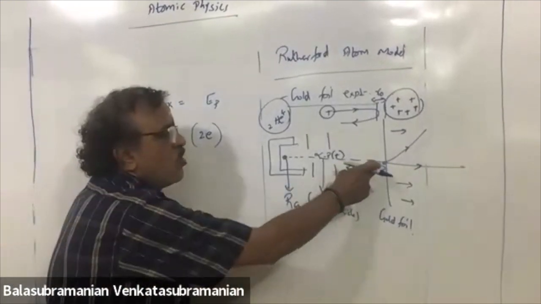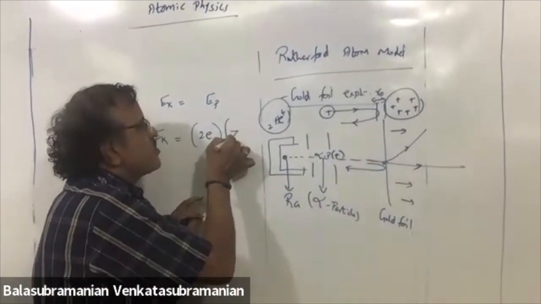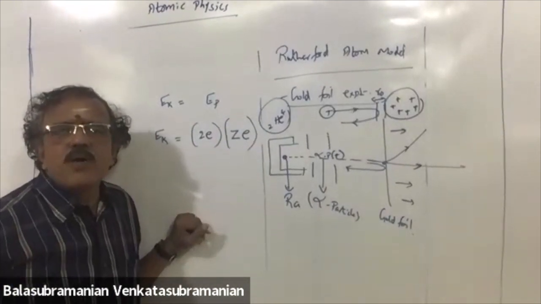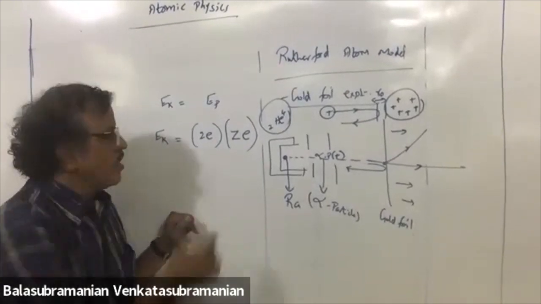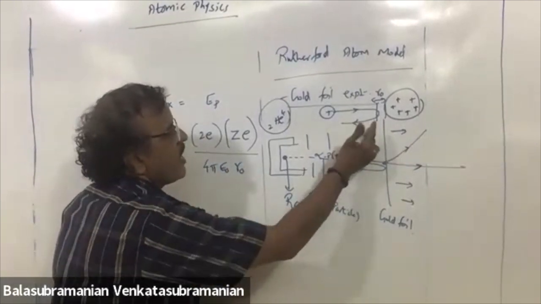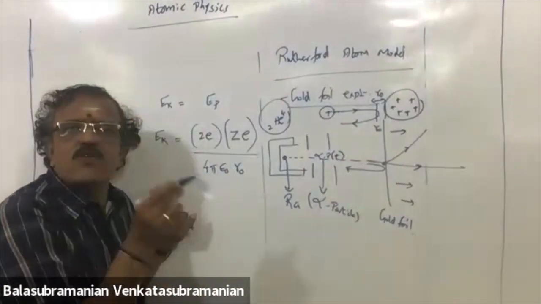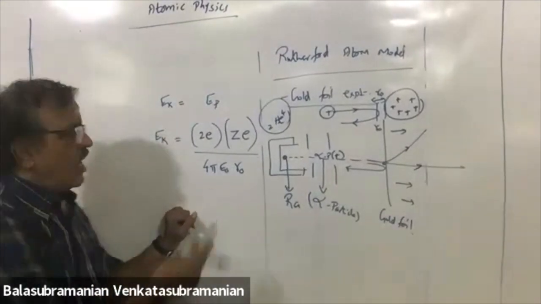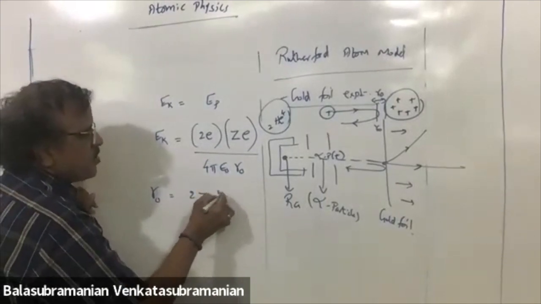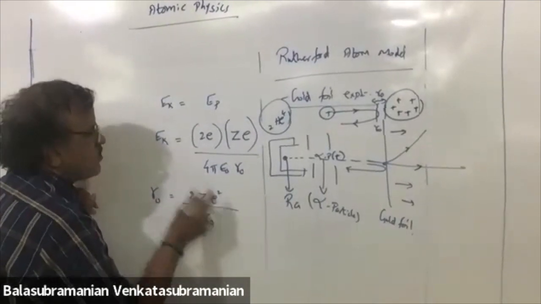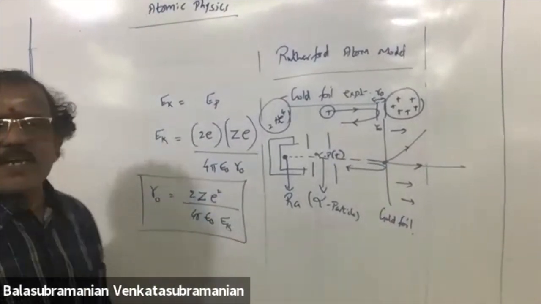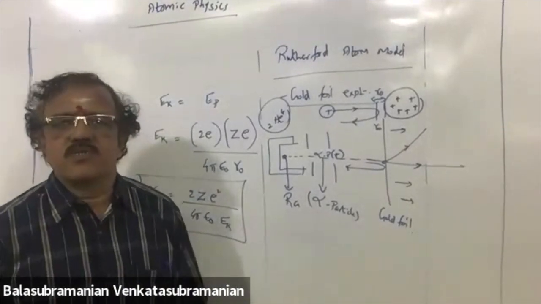Q2 is the gold nucleus, so the general nucleus charge is Ze, where Z represents the number of protons, the atomic number, by 4 pi epsilon naught R. In our case, we write R naught, the distance of closest approach. I want to calculate R naught. R naught is 2 Ze square by 4 pi epsilon naught EK. So you can calculate the distance of closest approach.